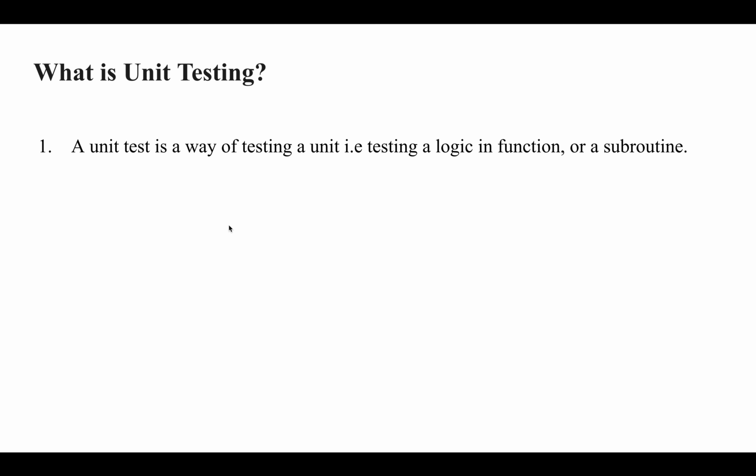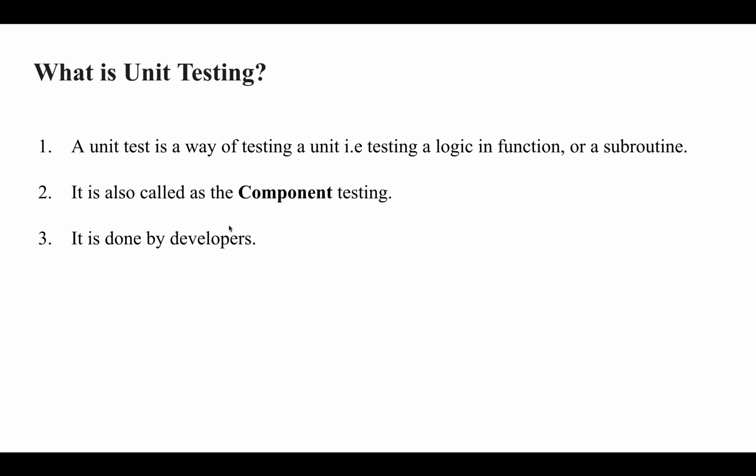So we now know what is a unit. Let's see now what is meant by unit testing. A unit test is a way of testing a unit, that is, testing a function or a subroutine, etc. As mentioned earlier, a unit is also called a component, so unit testing is also called component testing.